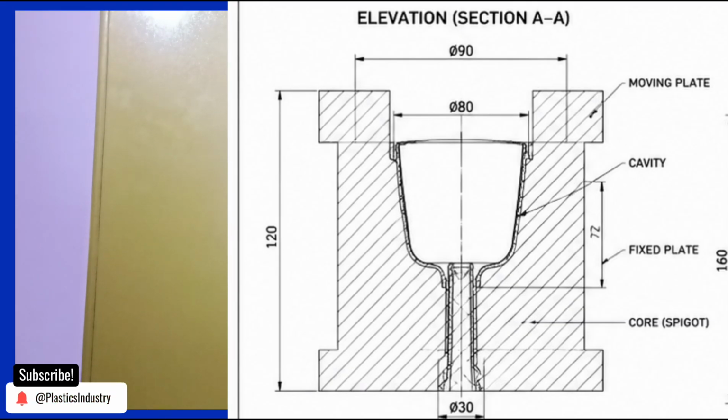Wall thickness is created by distance between cavity wall and the core wall. This space must be uniform. Why? Uniform thickness gives uniform cooling, uniform shrinkage, better part quality.